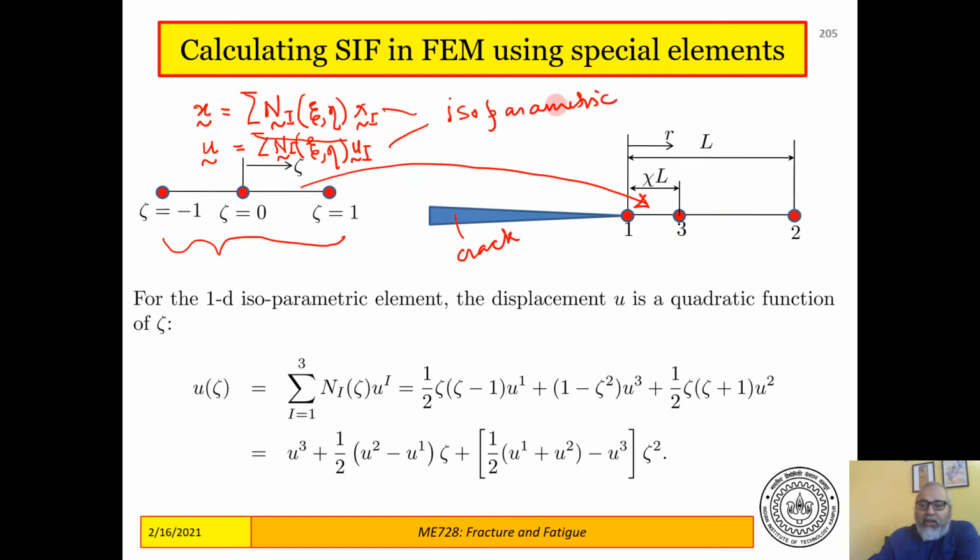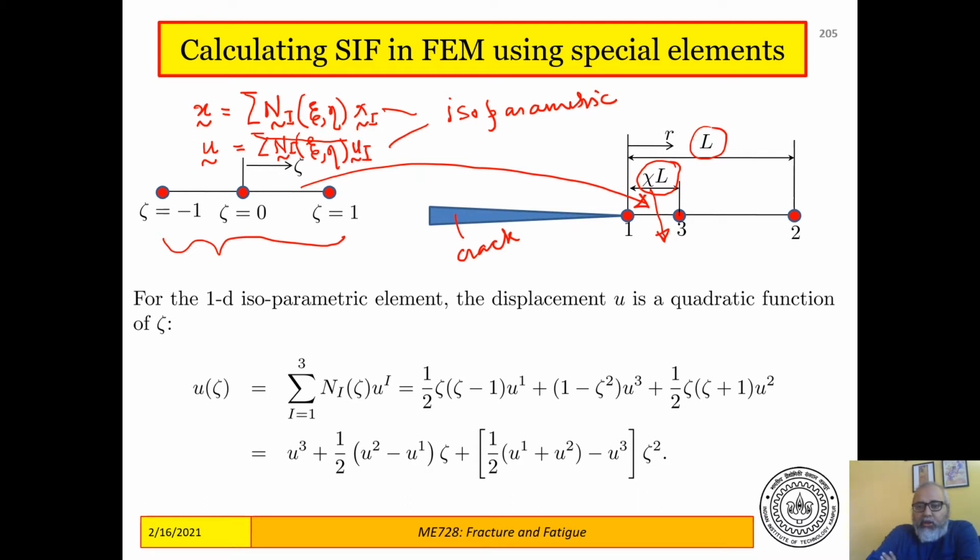Okay, so if the length of the element is L, the position of node 3 is at chi times L, and chi is a parameter that is as yet undetermined. We are going to determine it through what we are going to do right now.